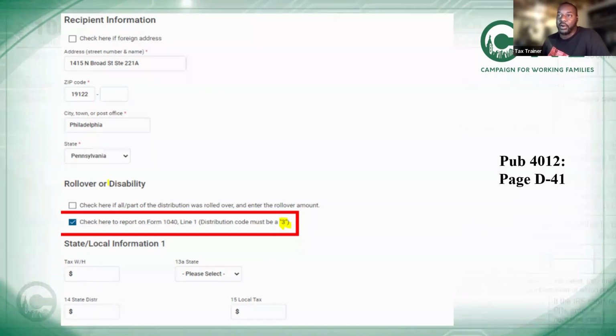This is about when I have not reached my retirement age. Let's say I'm 40 years old, I work for SEPTA, and SEPTA has a rule that the retirement age is 55. I got hurt on the job, and they're going to pay me disability income.